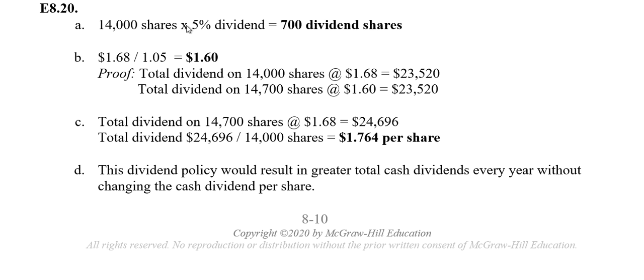This is a stock dividend, guys, keep in mind. So that equals 700 dividends. So all of a sudden, the shareholders who have 14,000 now have 14,700.